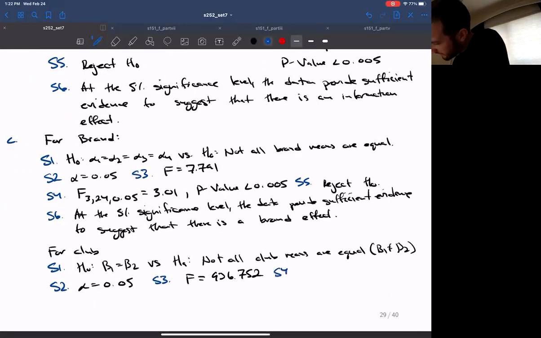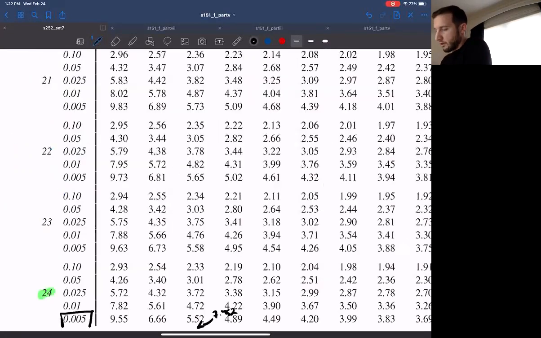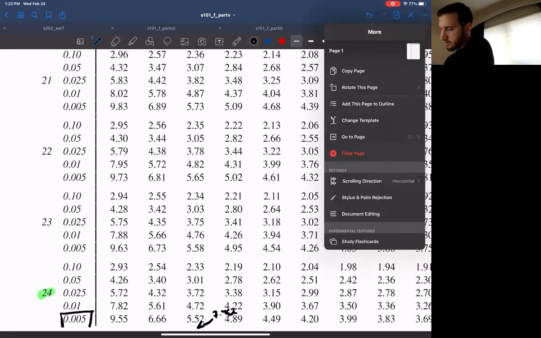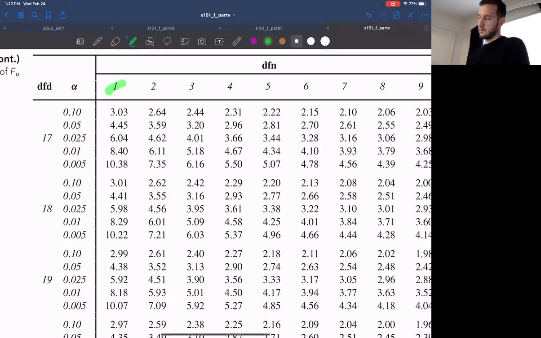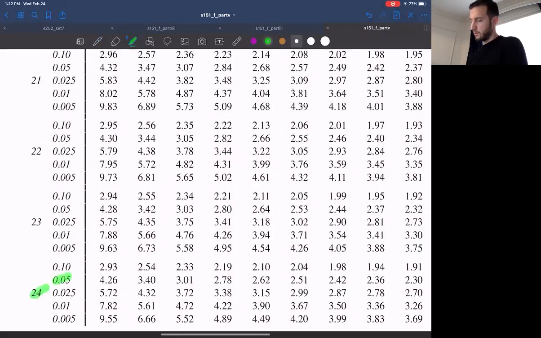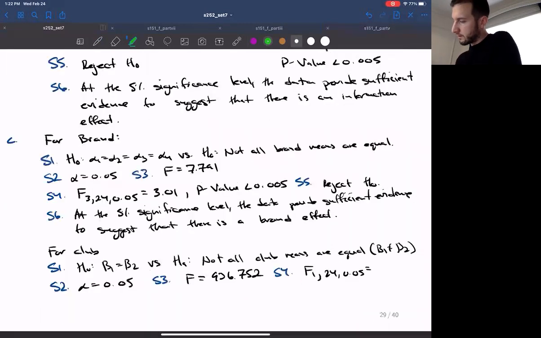On step 4, our critical value would be F with 1 and 24 degrees of freedom at 0.05, which from the table is 4.26. So the critical value in this particular example is 4.26.